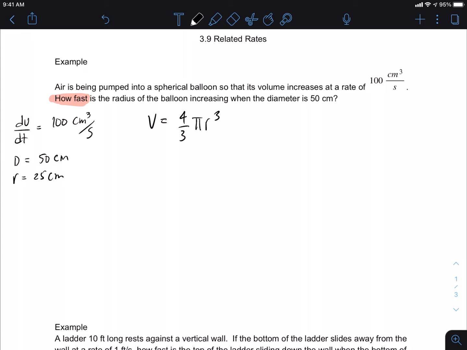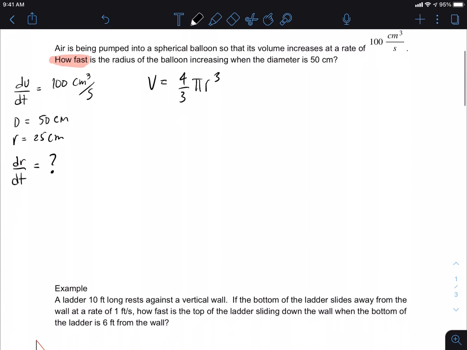Okay? Now, we have a couple things. We have a dV, we have an r. The thing that we're looking for in this problem is dr/dt, right? That's the question mark. That's the thing that we're going after, right?